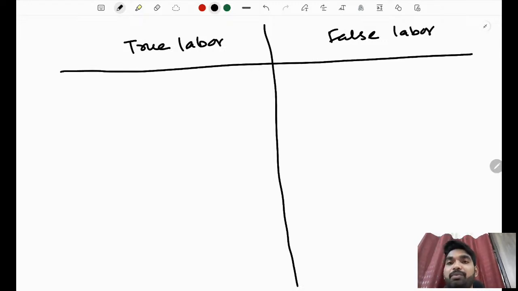What is true labor? See, in true labor, the pain will be regular and rhythmic. It will show on-off phenomena.